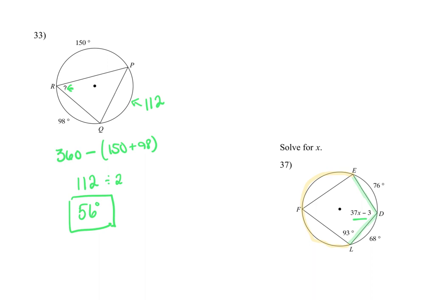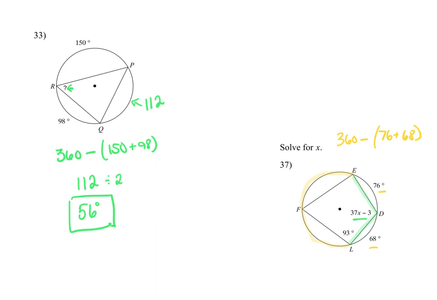So I'm going to do exactly what I did on the other one. I'm going to take 360 minus the 76 plus the 68. All right. And then that's going to give me what I need for that arc. So this arc, to solve for it, I'm just going to take the whole circle minus the other two pieces that I don't need.